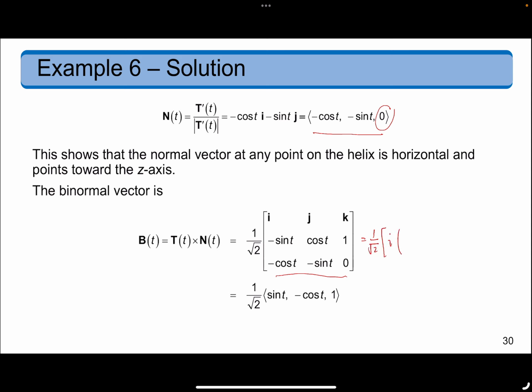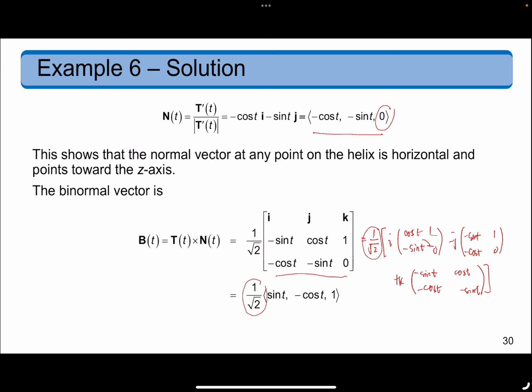For i, it would be cosine t times 1, negative sine t times 0, minus j, negative sine t times 1, negative cosine t times 0, plus k, negative sine t, cosine t, negative cosine t, negative sine t. So everything is multiplied by 1 over square root of 2.